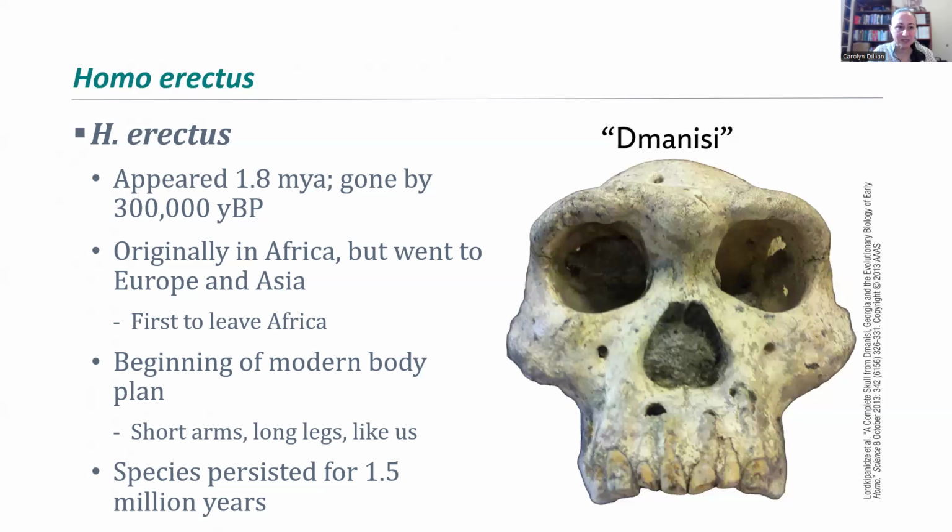That's really important. It also shows the beginning of a much more modern body plan. So shorter arms, longer legs, a thinner torso, much, much more like us. And Homo erectus was an incredibly successful, evolutionarily, species. So not only did it colonize much of the old world, but it also persisted for about 1.5 million years.